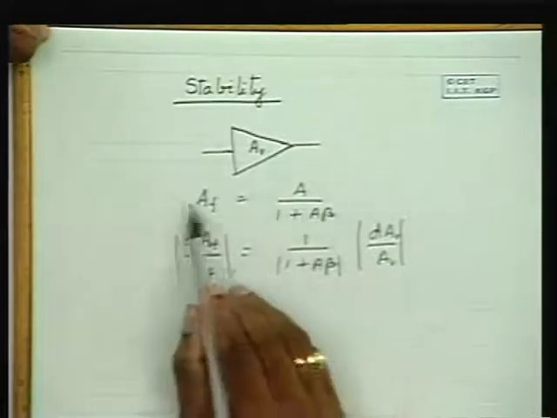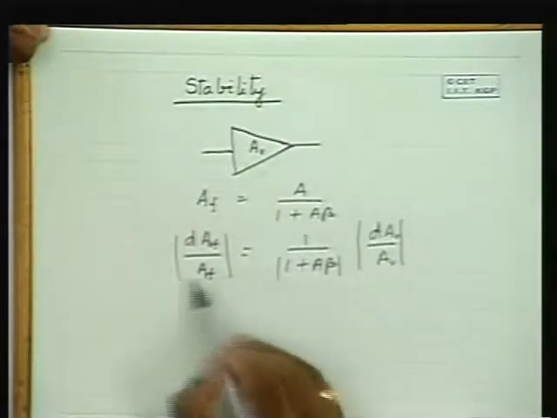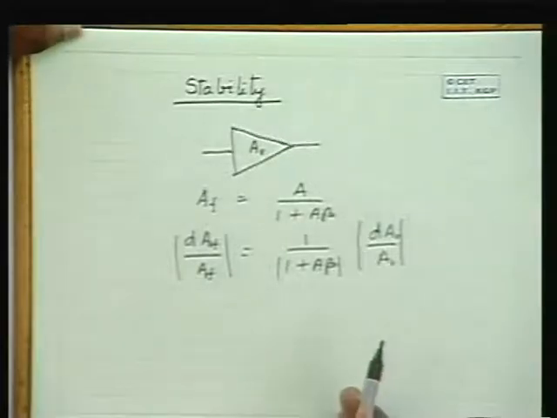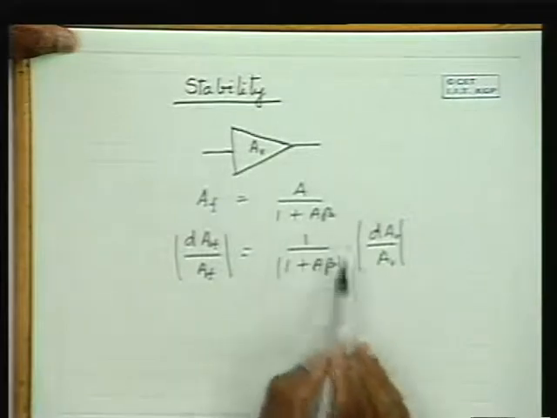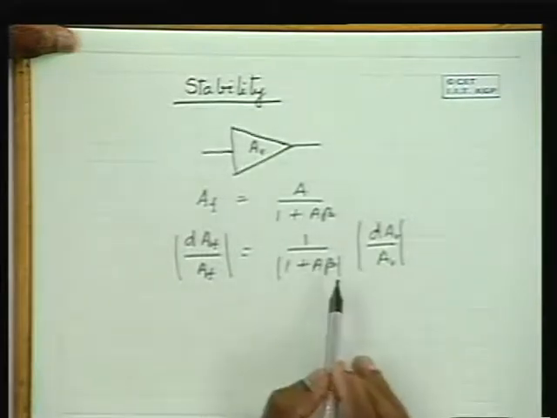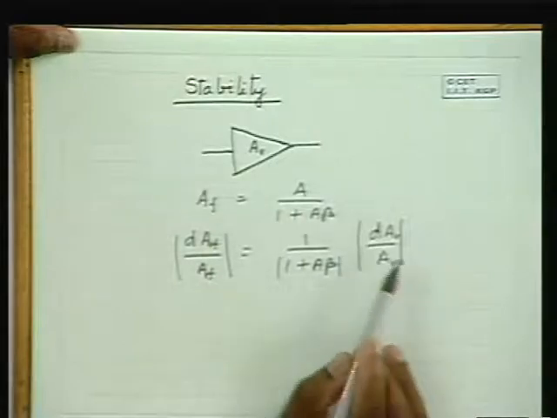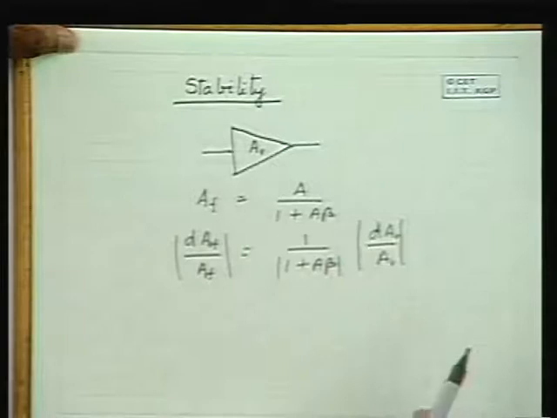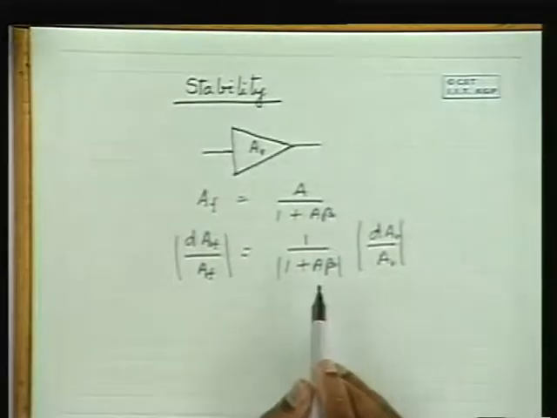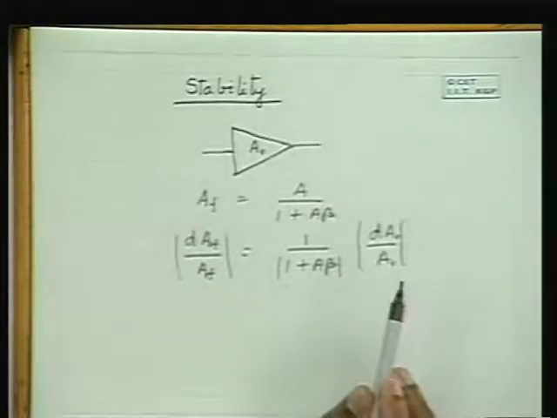This can be easily shown by differentiating and then dividing by AF. It's a straightforward result. So please note that it is 1 by 1 plus A beta times the change that takes place in the amplifier without feedback. So it is considerably reduced, and the stability is considerably improved with negative feedback.